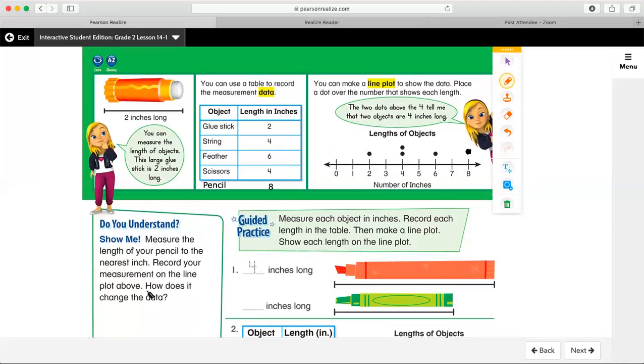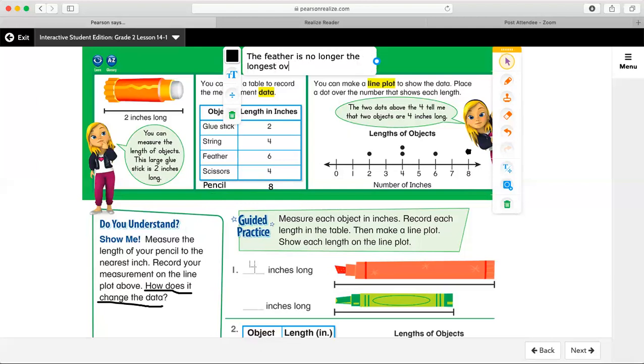And it says to you, how does that change the data? I added my pencil and how long it was, and I added it to my line plot. How does that change the data? Well, the feather is no longer the longest object.